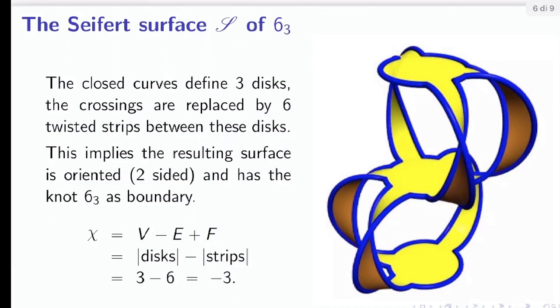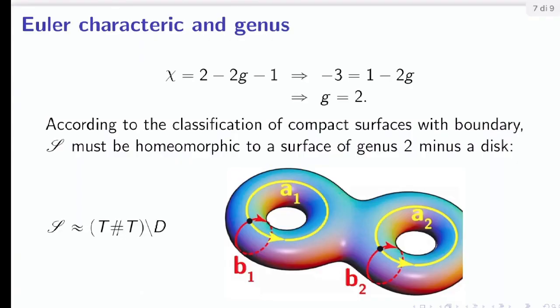So what can we say, knowing that the Euler characteristic is minus 3 and the surface is orientable? That actually tells us all we need to know about the surface, and the fact that it has one boundary component, namely the knot. So we can talk about the genus of an orientable surface.